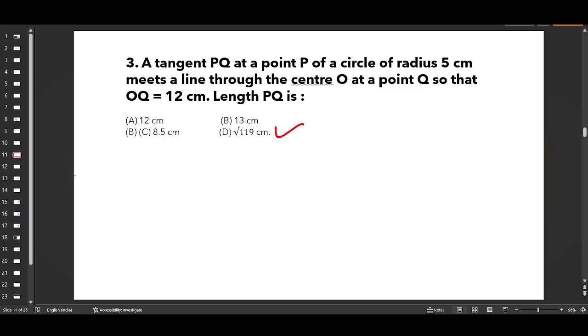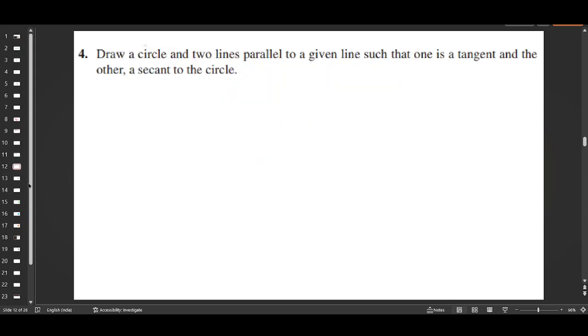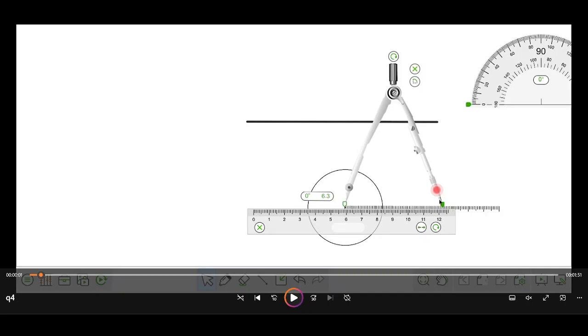Clear? Now come to the next question. What do you feel about this? Draw a circle and two lines parallel to a given line. First you should take a compass and draw a circle and a line according to the question. Clear?